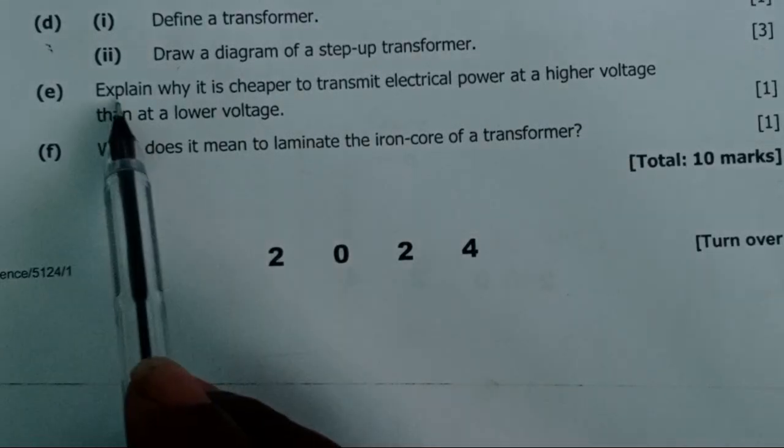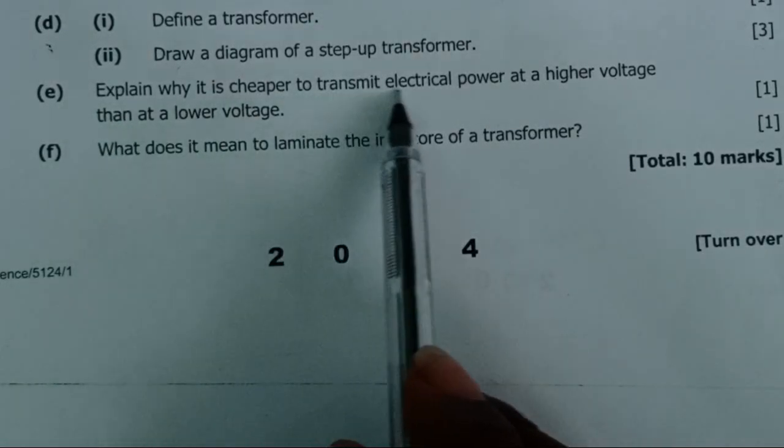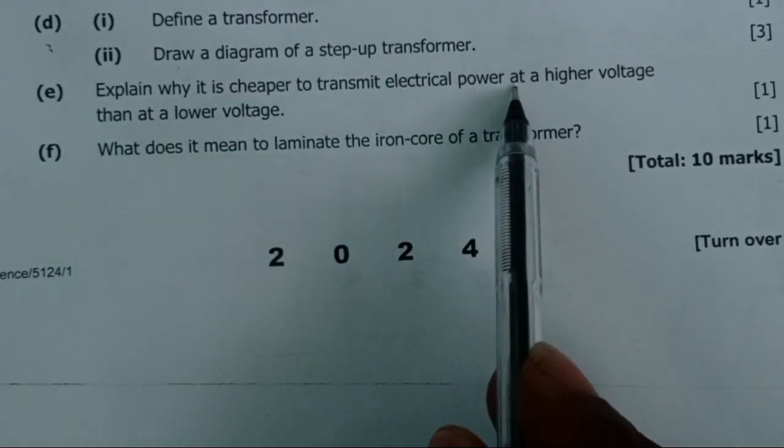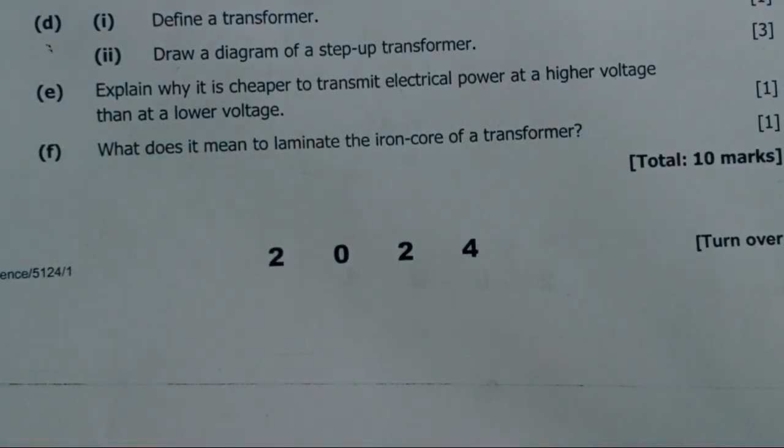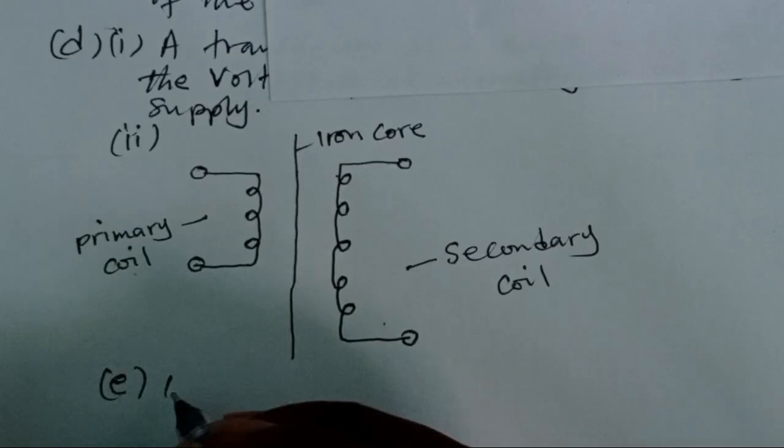Part E, explain why it is cheaper to transmit electrical power at a higher voltage than at a lower voltage. So the reason is very simple, because it reduces power losses through it.